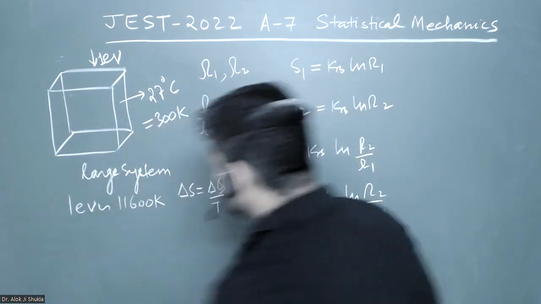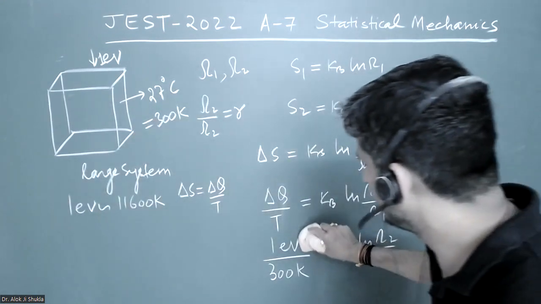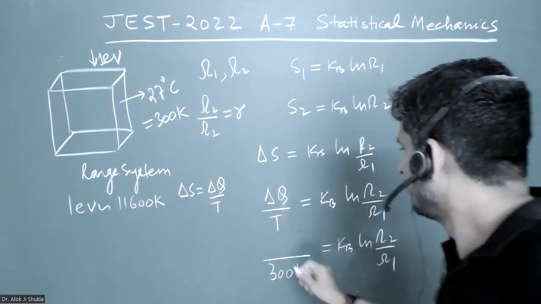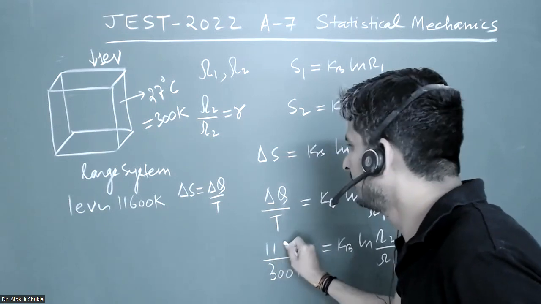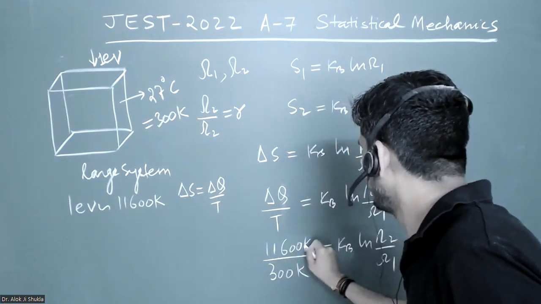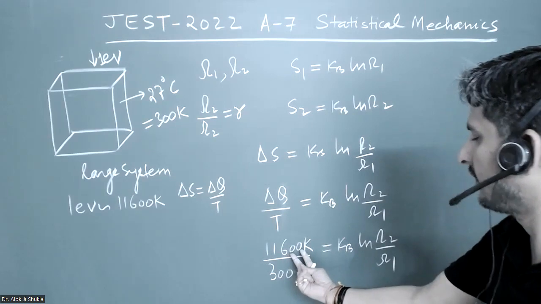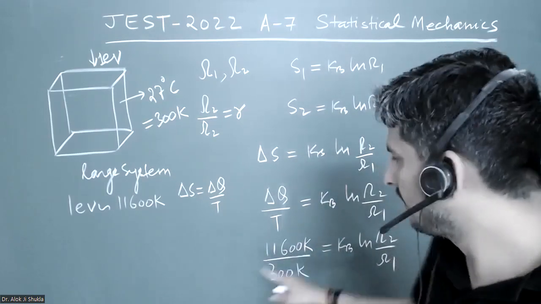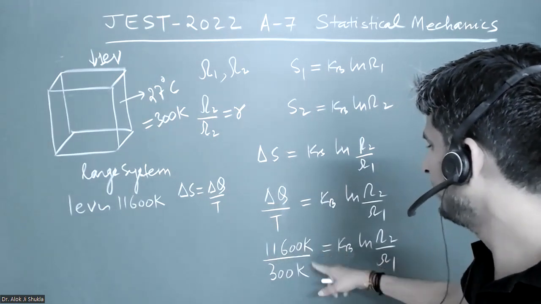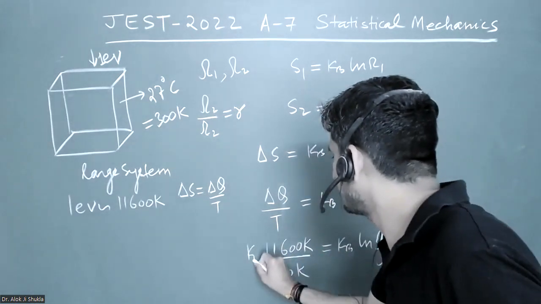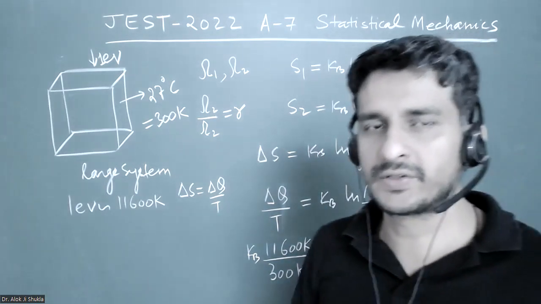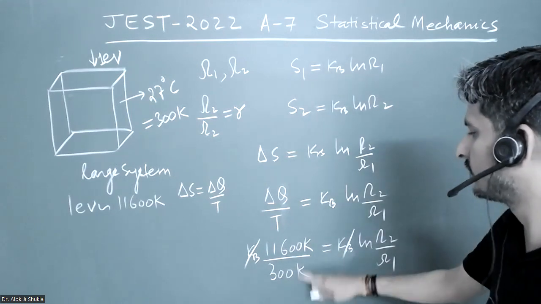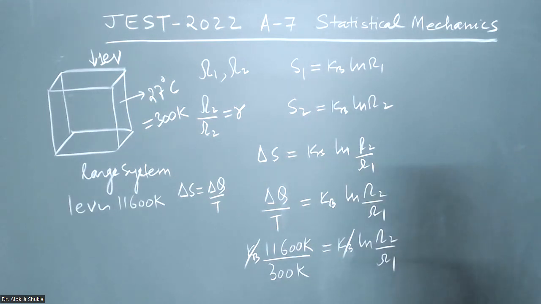So in place of this energy, I can write it in Kelvin as 11600 K. But this was the dimension of energy, and you have substituted it in Kelvin, so there will be a Boltzmann constant in this conversion, and this Boltzmann constant will cancel here, and this ratio will become dimensionless.